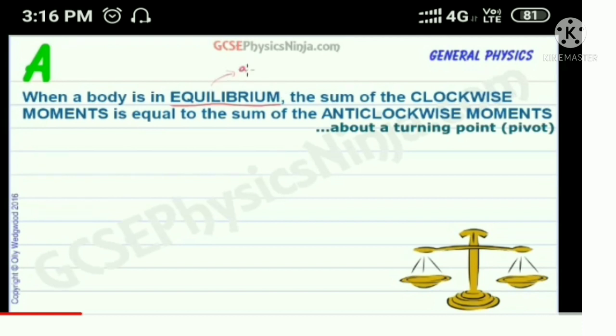Equilibrium means the body is at rest or it is moving at a constant speed. So equilibrium means the body is said to be balanced. So the sum of the clockwise moments equals the sum of the anti-clockwise moments.